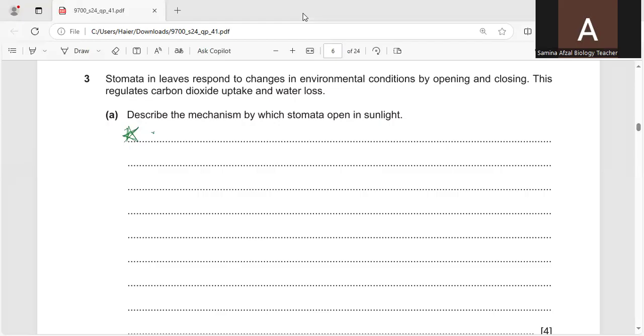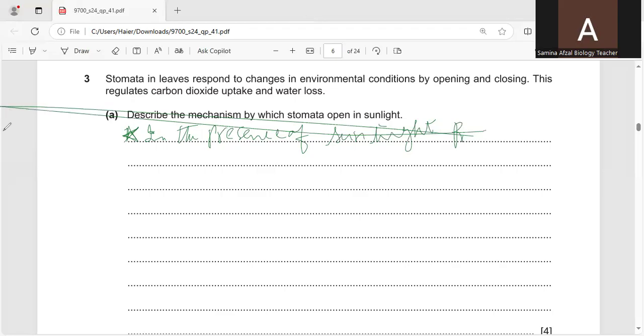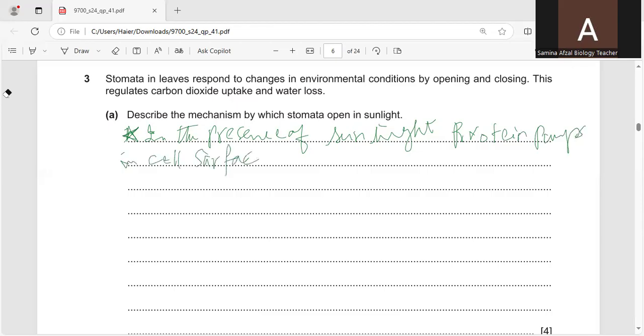In the presence of sunlight, the protein pumps in the cell again transport hydrogen ions out of guard cells.